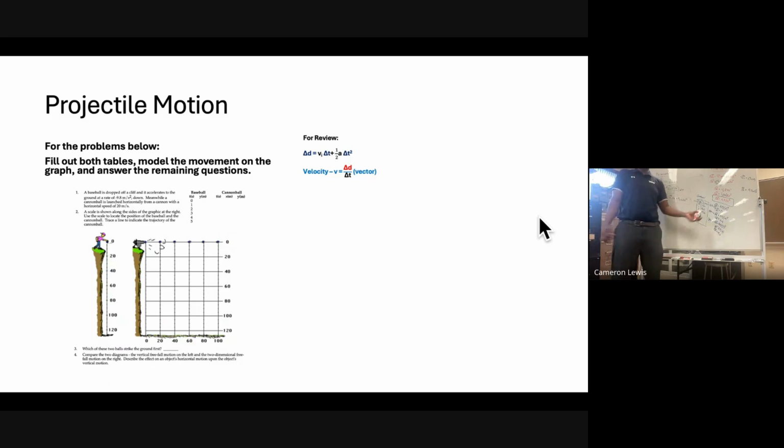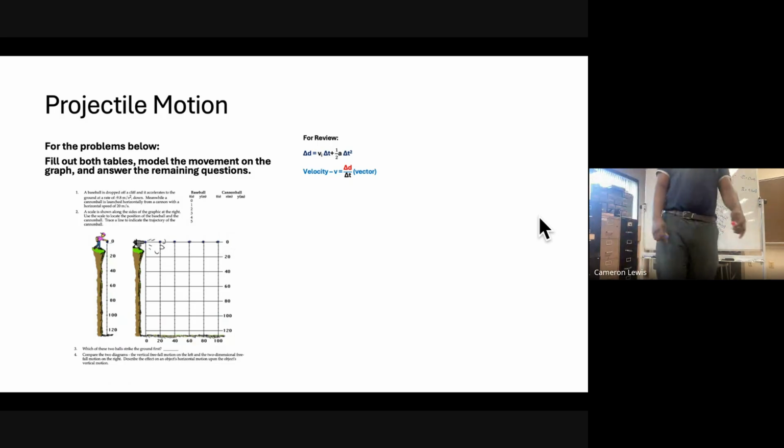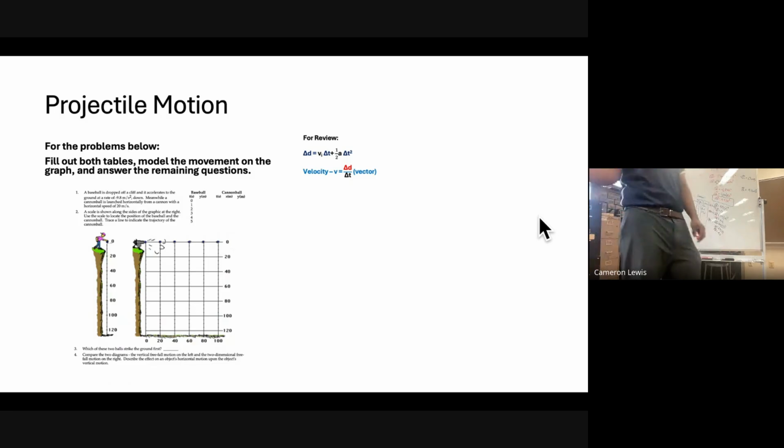Somebody help me out. Give me 3 seconds. What would I do? Why'd you do 4.9 times 9? 3 squared is 9. So then you get 4.9 times 9, which is 44.1. Good.